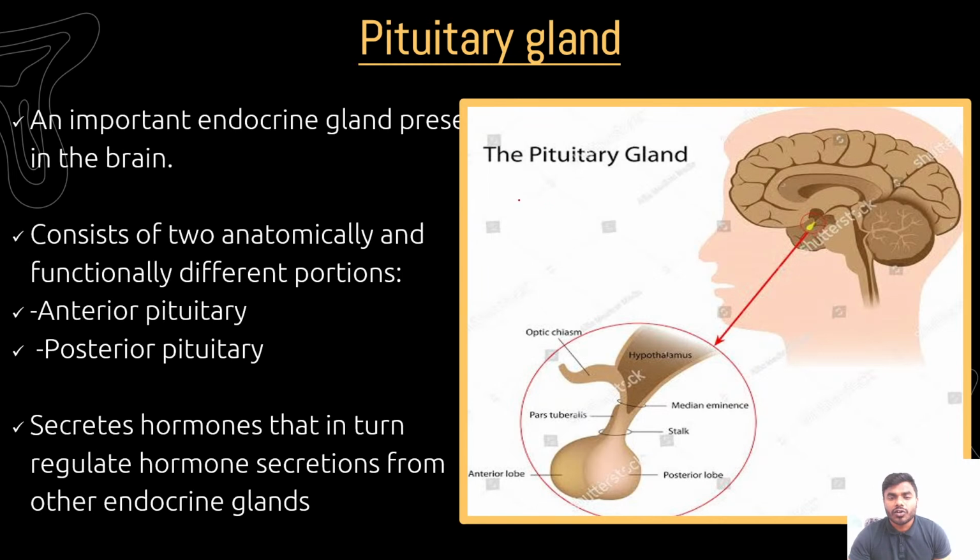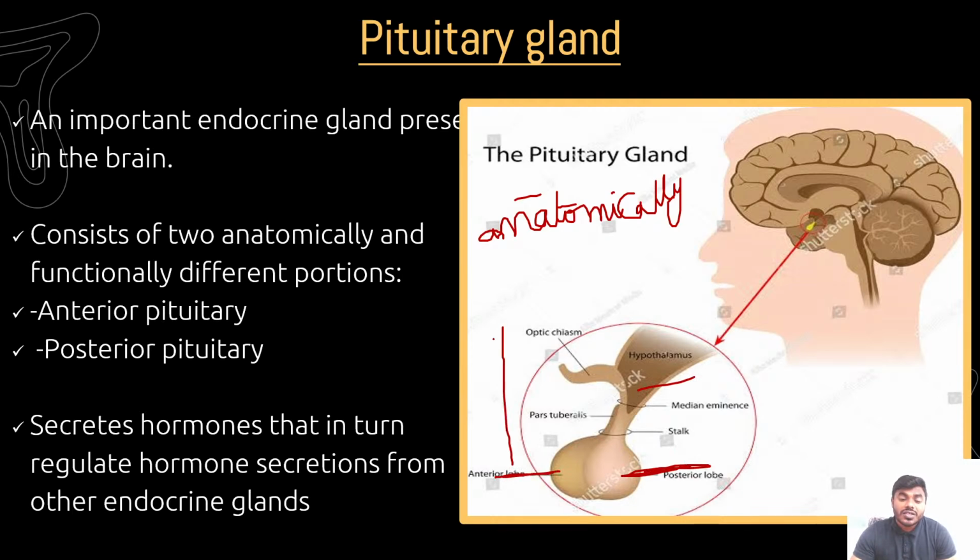Pituitary gland anatomically, I mean structurally, contains two parts. Everyone pay attention. It contains the anterior pituitary as well as the posterior pituitary. I want all the students to remember anterior pituitary. We can also call it, friends, adenohypophysis. Please remember my words.